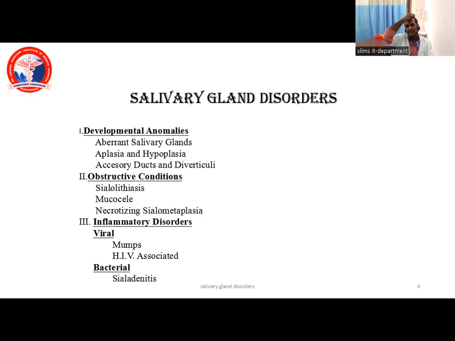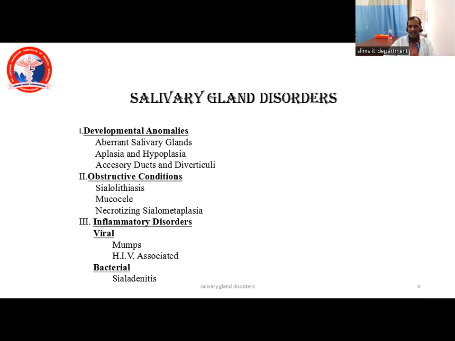Next is obstructive conditions. Any obstruction in the flow of the saliva can be a simple sialolith or a mucocele. It can be a sialolith, that is sialolithiasis, and the mucocele. The one is necrotizing sialometaplasia.